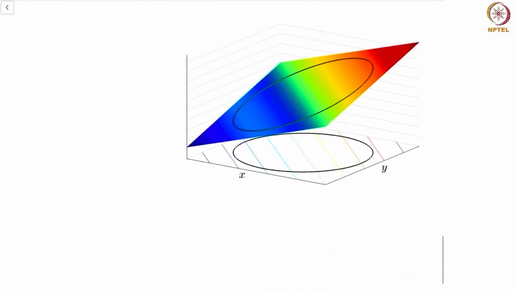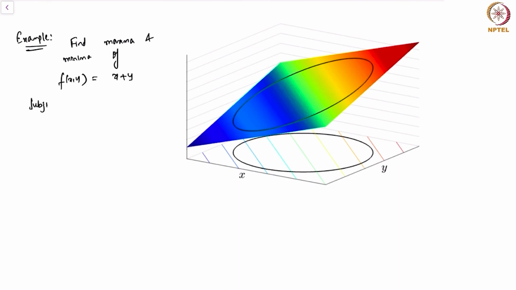So here's the original problem. Find maxima and minima of f of x comma y, which is equal to x plus y, subject to g of x comma y equal to x square plus y square equal to 1, or g of x comma y is x square plus y square minus 1 is equal to 0.